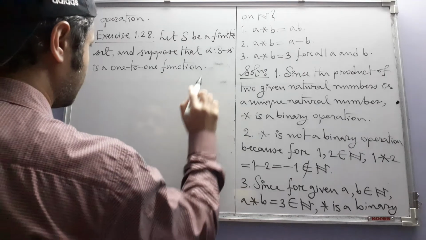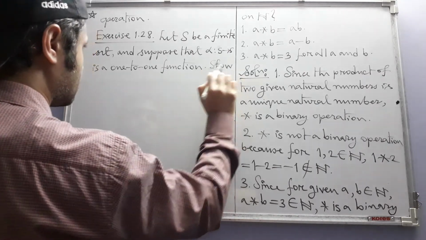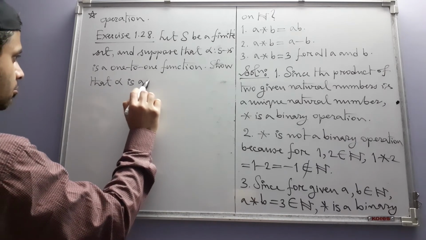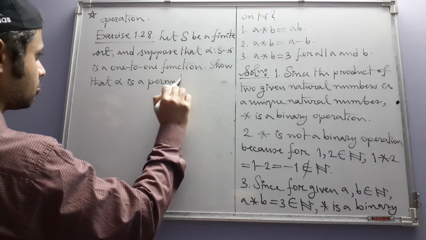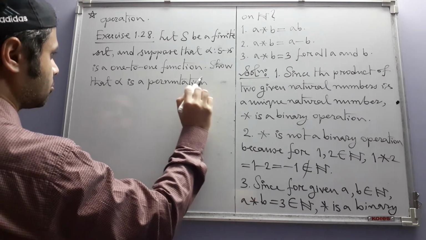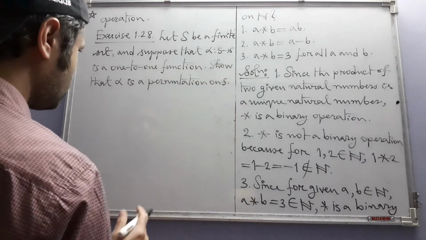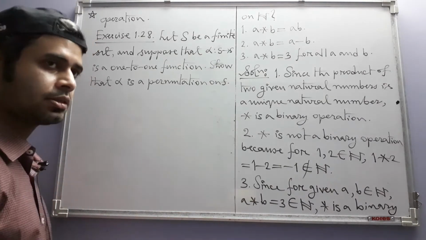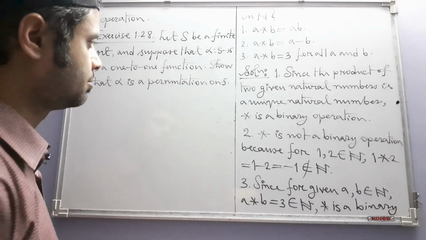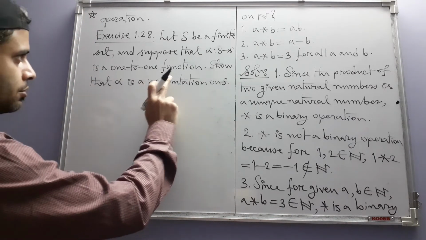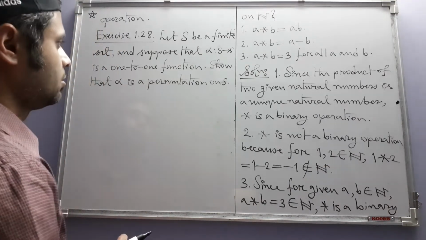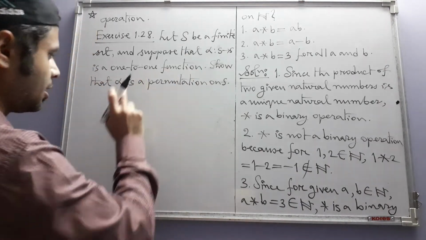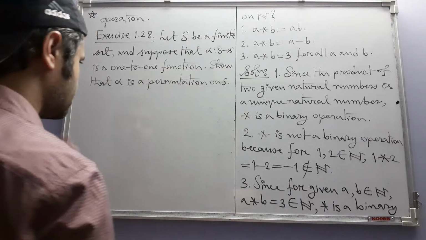Show that alpha is a permutation on S. A permutation is a bijection from a set onto itself. So that means here we have to show that alpha is a bijection, and that requires us to show that alpha is onto. It's given to be one-to-one, so we just need ontoness extra.